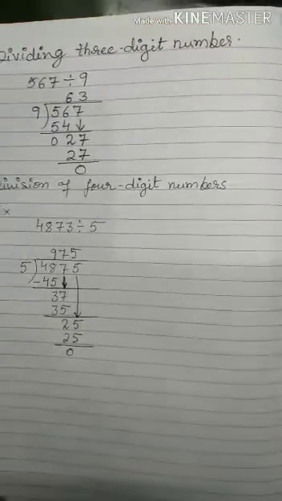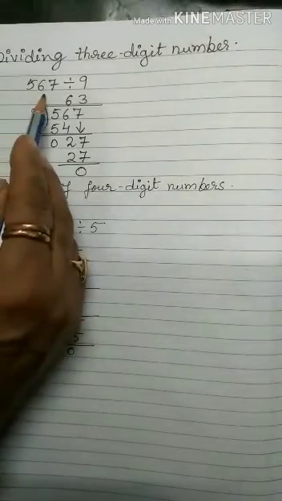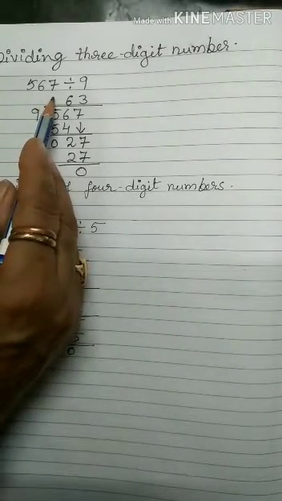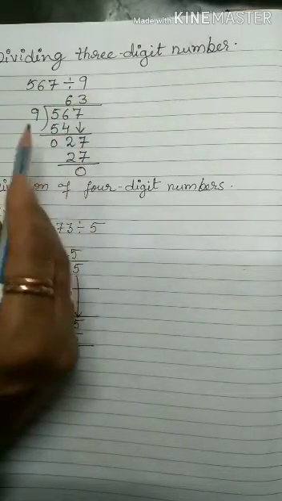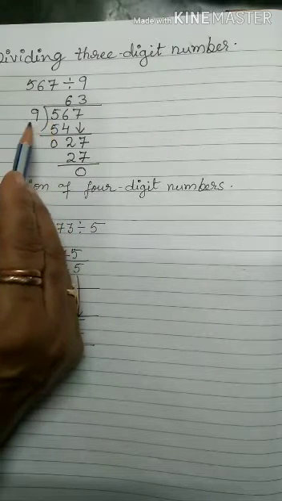Now dividing a 3-digit number. In the 3-digit number, 567 divided by 9. First, 5 is less than 9.